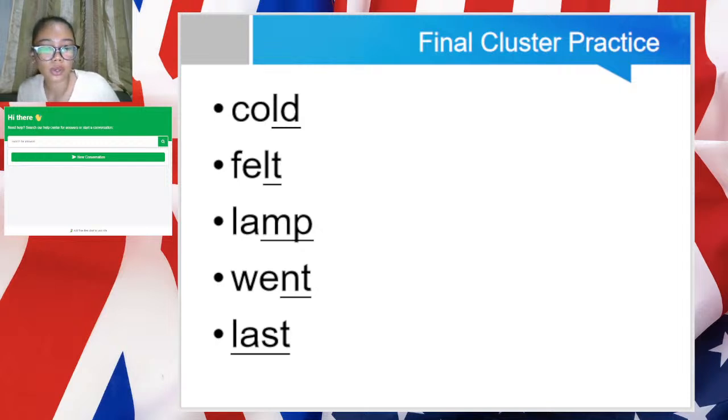So we will keep on practicing these consonant clusters, because practice makes everything perfect. You just need to be consistent with how you practice saying the particular sound of a word or a phrase or even a sentence. Just keep on practicing.